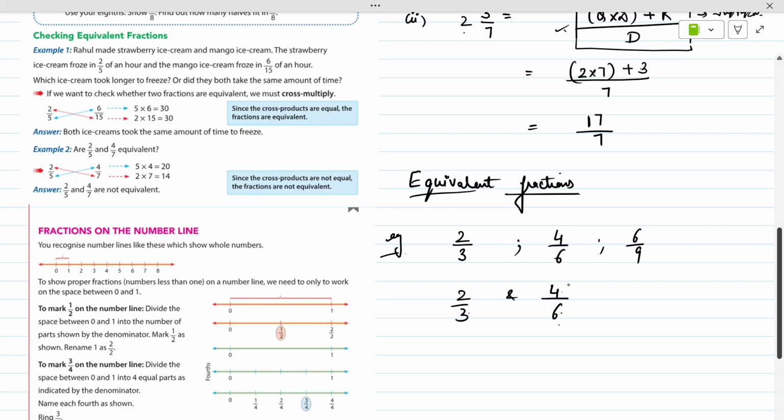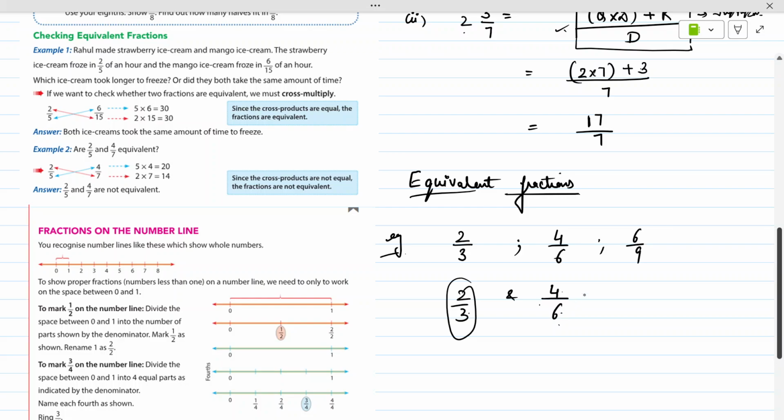But if you simplify this particular fraction into its lowest form, that means if you divide both the numerator and the denominator by their common factor, you are going to get the same value. Okay, let's see. Let us think of a number in 4 by 6 which is a factor of both 4 and 6. So we know that is 2.